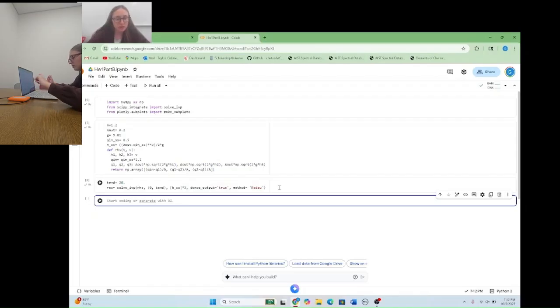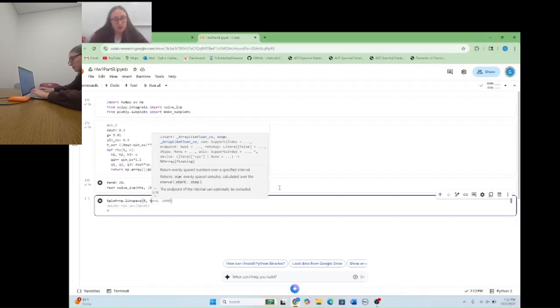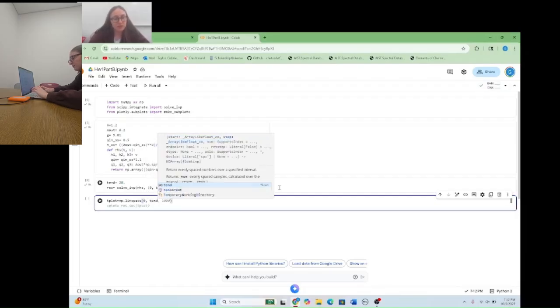So the first thing that we want to do is our t-plot. Our t-plot is going to give us a time plot. So for a time plot, we want to do np.linspace, right? And this is going to give us values from 0 to 20, which is our t end.